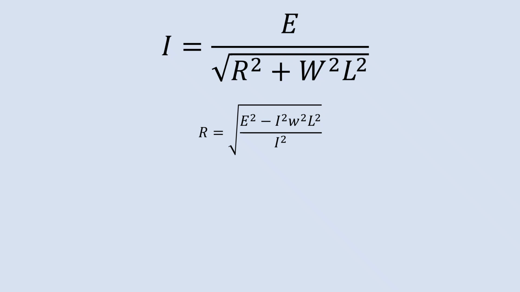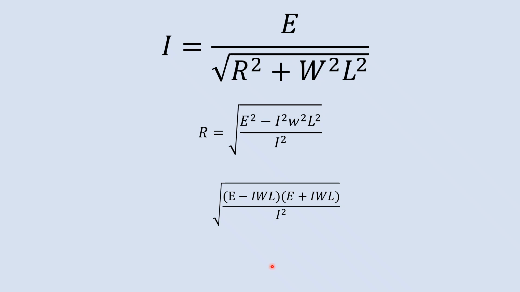Since this is the difference of two squares, it simplifies to E minus IWL times E plus IWL, over I squared.